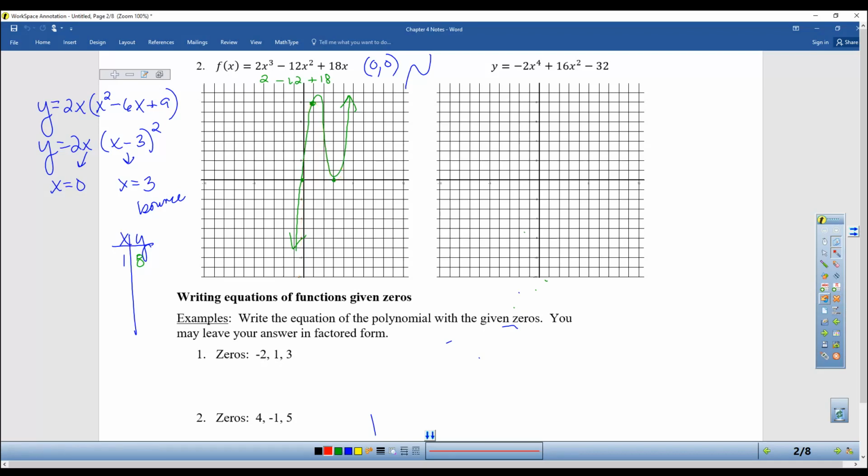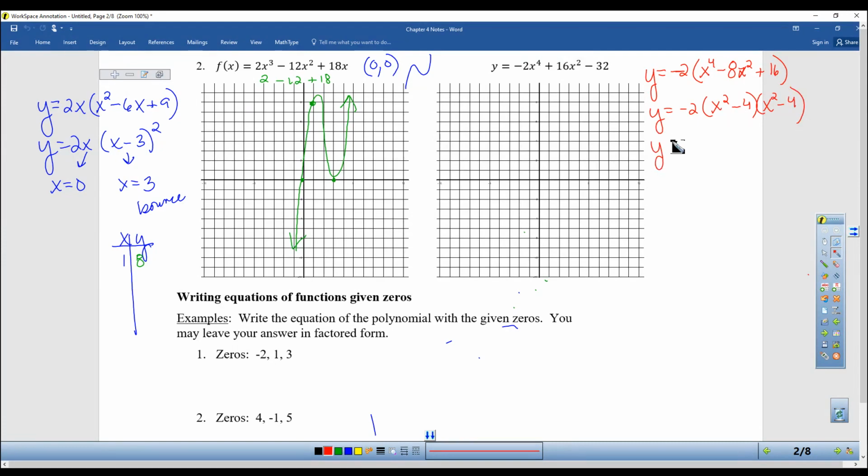Okay. Last one. Again, factoring out first, I'm going to take out a negative 2, which leaves me with x to the 4th minus 8x squared plus 16. I can factor that to x squared minus 4 times x squared minus 4.